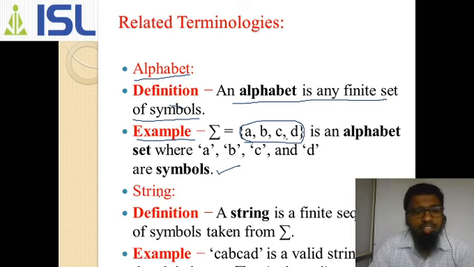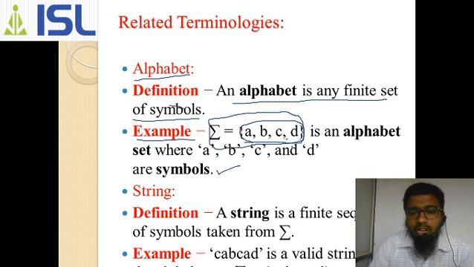The next is string. What is a string? The definition: a string is a finite sequence of symbols taken from sigma. We will go with this example.